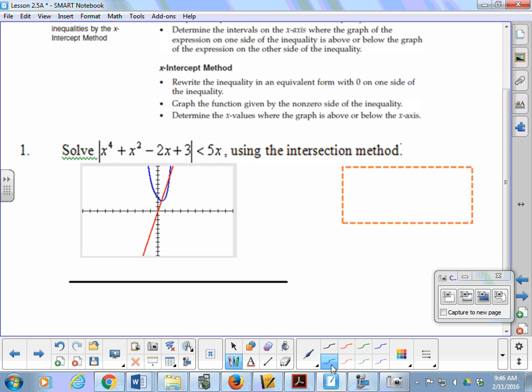I can't quite tell what they are right at the moment, but I know that they're between 0 and 3, right? So I'm going to use 0, 1, 2, and 3 is all I'm going to need on my number line. So I need to find those two intersection points.